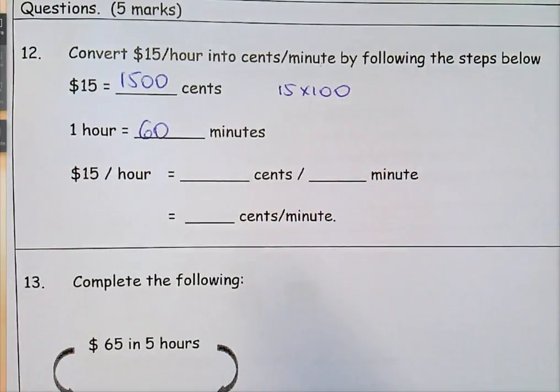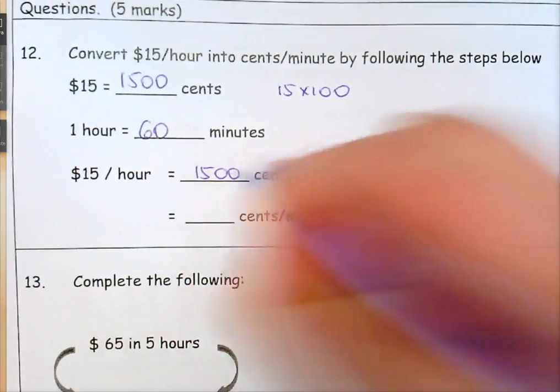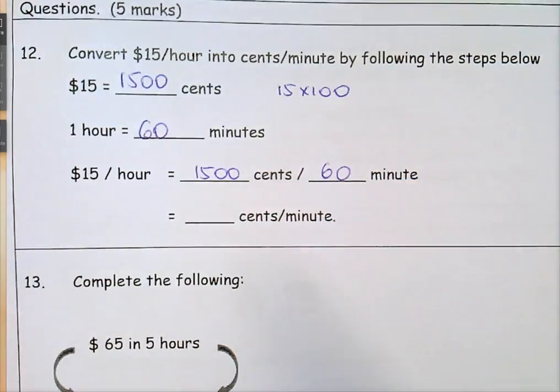So instead of saying $15 per hour, that's the same as saying 1,500 cents per 60 minutes. So girls, if you earn $15 an hour, you're earning 1,500 cents in 60 minutes.